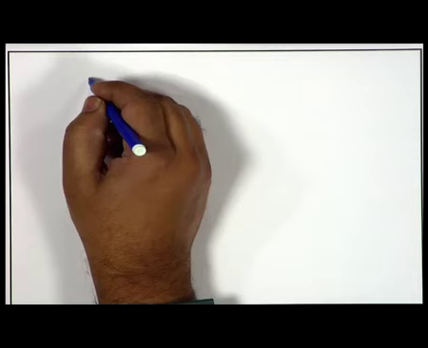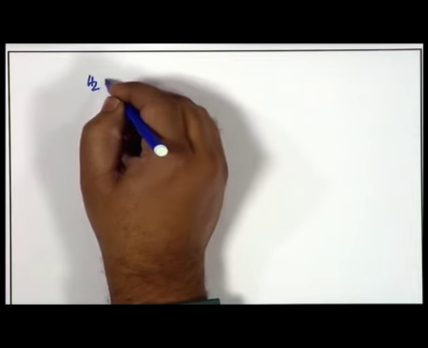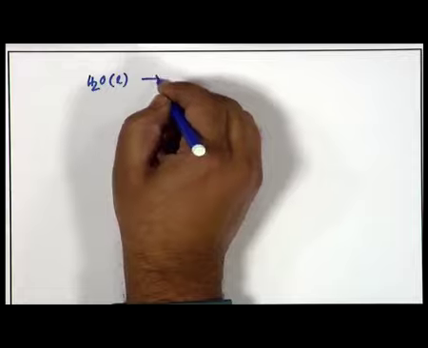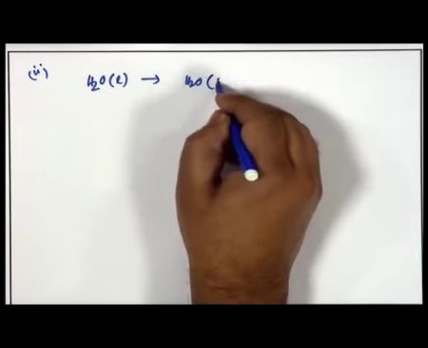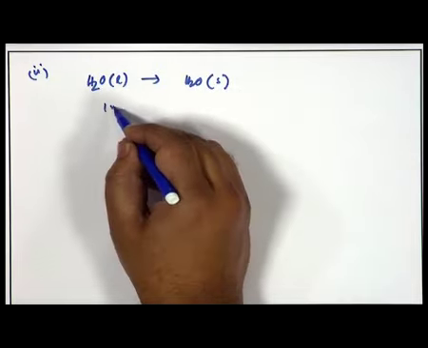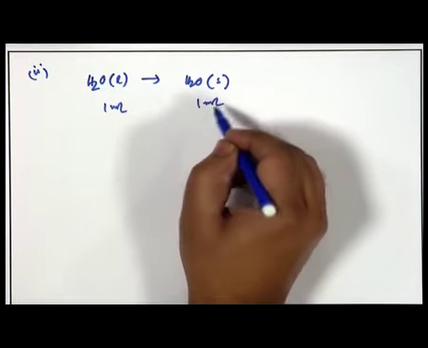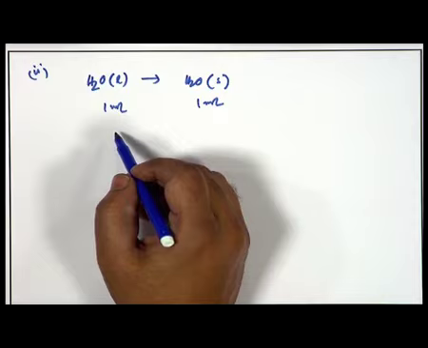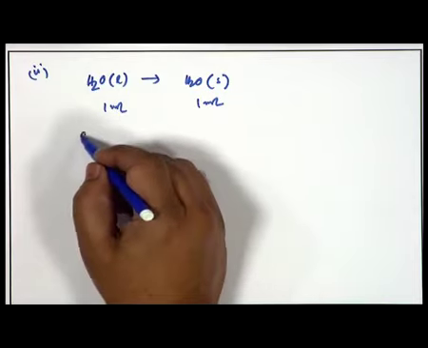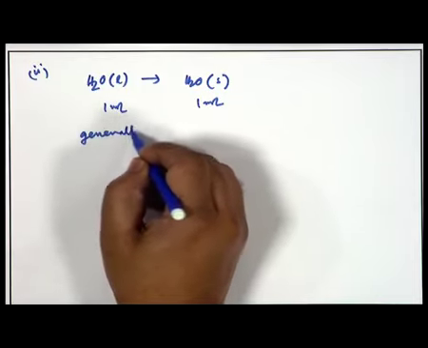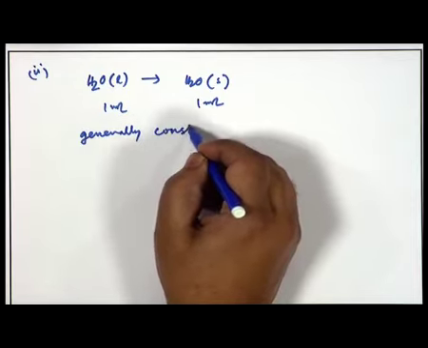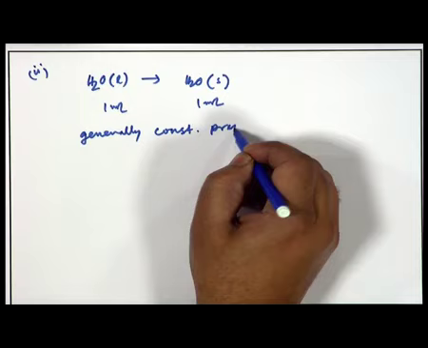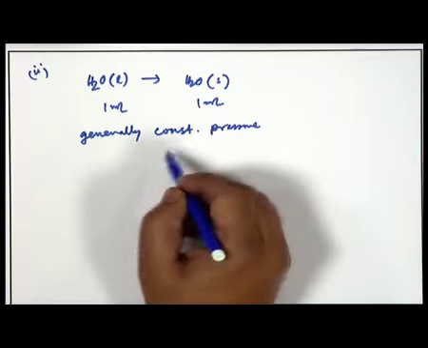So, that is the second one. H2O solid, again this is 1 mole, and generally this transition is done at constant pressure. So, constant pressure condition is what we are assuming.